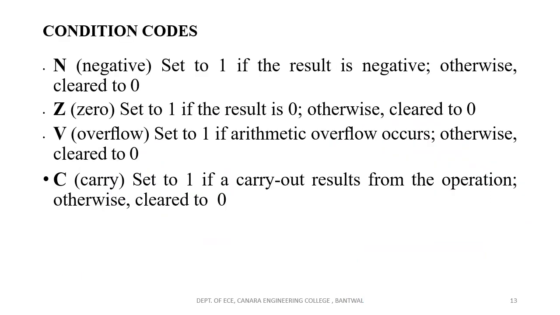We know from our previous discussion that the processor is capable of performing various tasks such as arithmetic operations as well as logical operations. Whenever a processor performs logical as well as arithmetic operations, it has to keep track of information about the result of various operations.